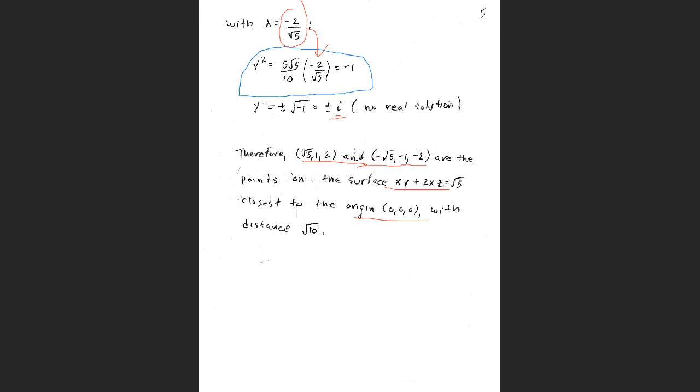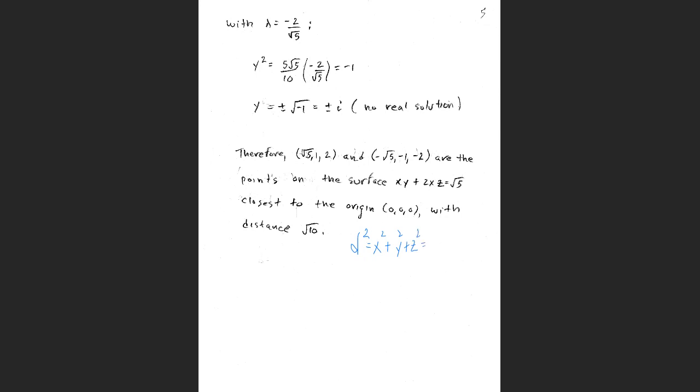Now, how do I get the square root of 10? Well, the distance squared was x squared plus y squared plus z squared.